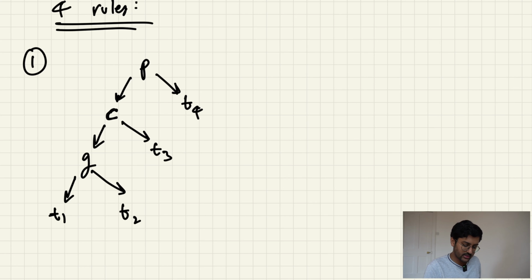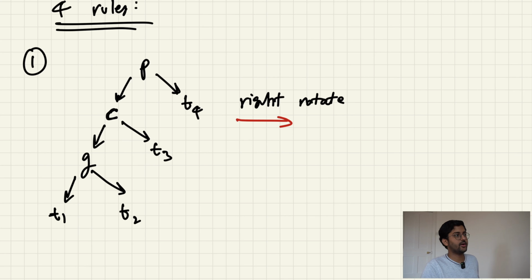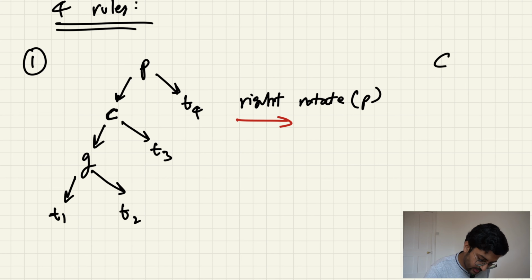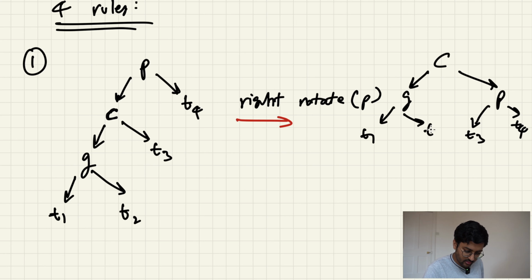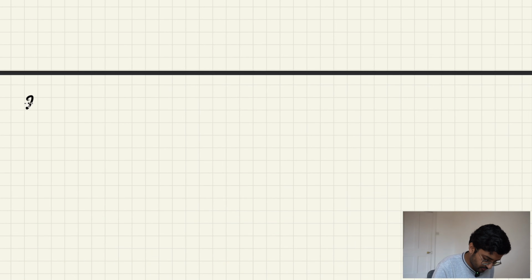If we find a case like this, we're just going to right rotate from P. So C will come above, P will go over here, T4 will go over here, then T3 will go over here, G will stay here, T1, T2. Make sense? Sounds good? Okay.